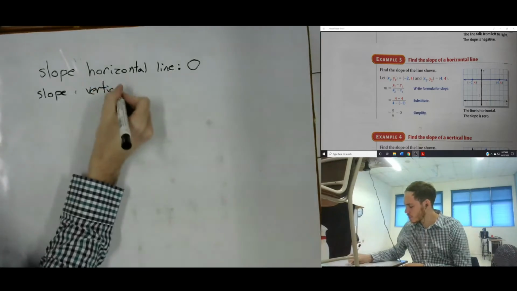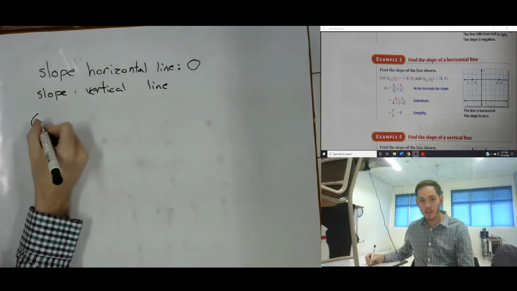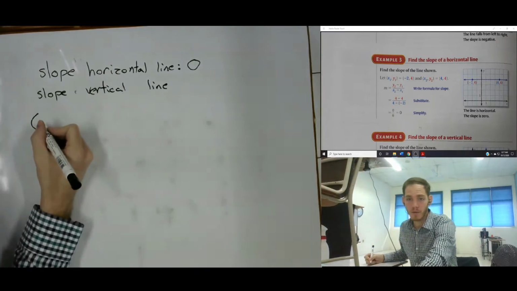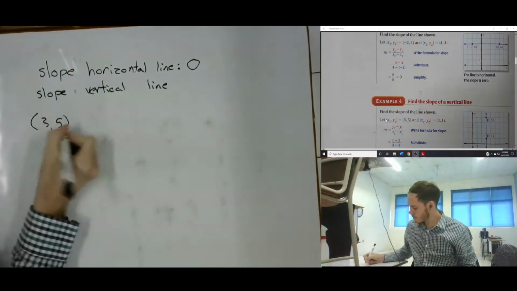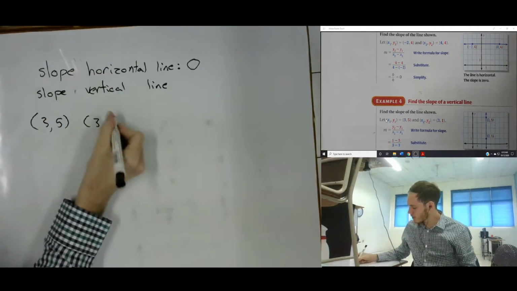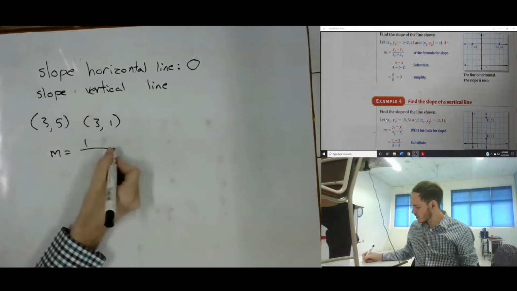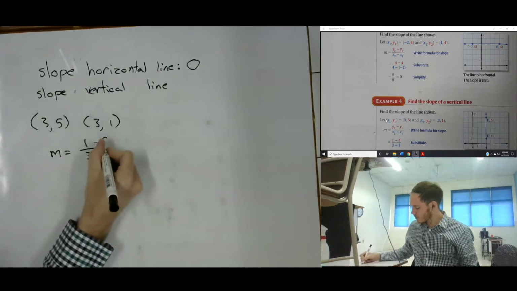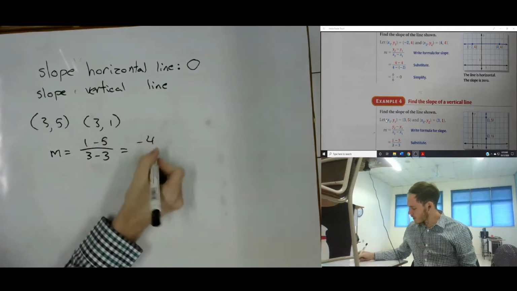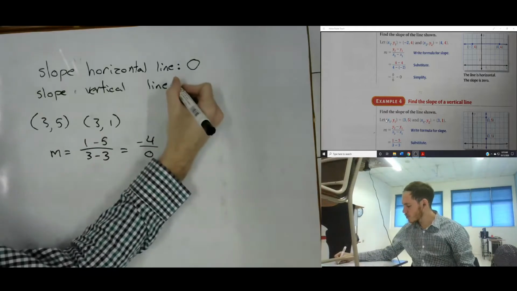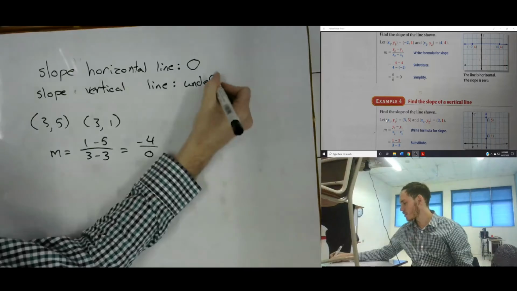Well, some of you may know, but let's just check with a pair of points. Let's do (3, 5) and (3, 1). Slope is vertical change over horizontal change. So we subtract the y's, and then below we subtract the x's, and we get -4 over 0, which gives us an undefined slope.